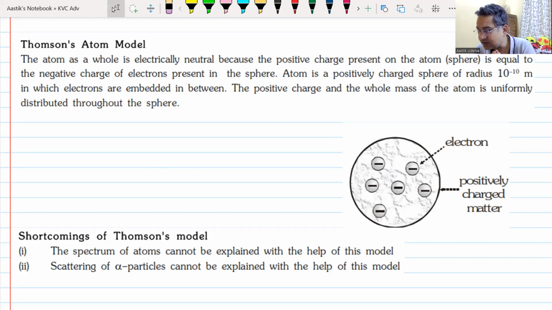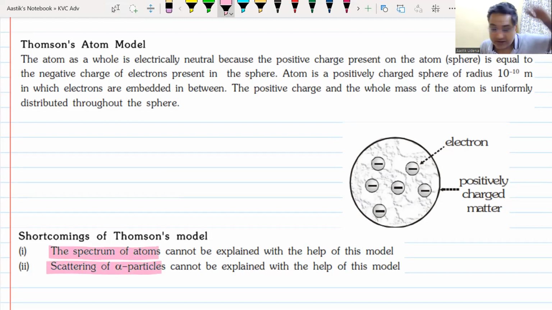So this is how the structure was according to Thomson's model. The shortcomings of Thomson's model: it could not explain the spectrum of atoms, and it could not explain the scattering of alpha particles. So this was one of the older models, Thomson's model.